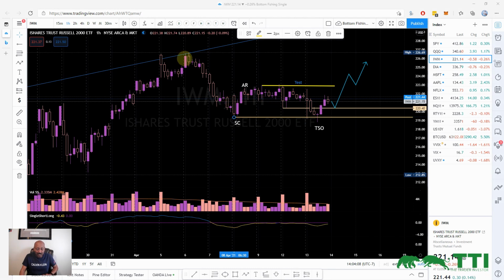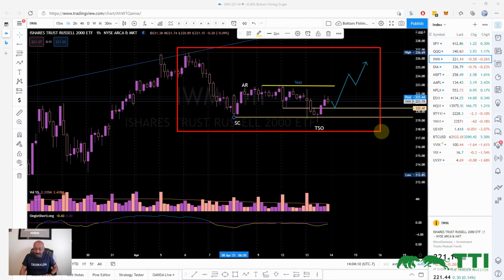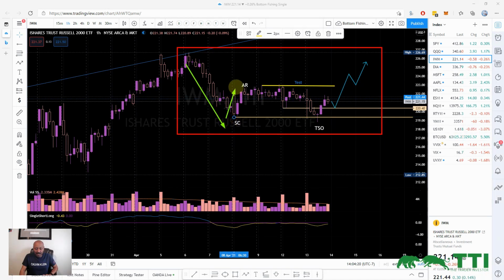So in this box here, we have a downward movement. We reach the climax, and then now we're doing this, and now that we have reached terminal shakeout, I want to see this happen. So just a very easy way to simplify how to look at accumulation distribution.